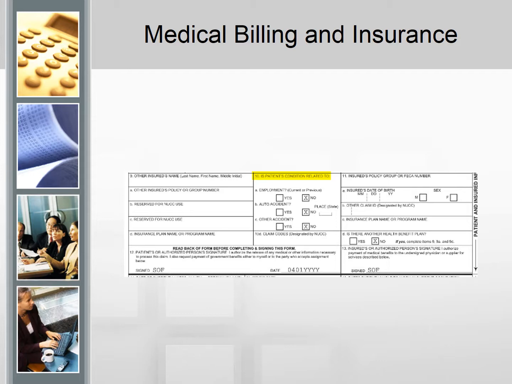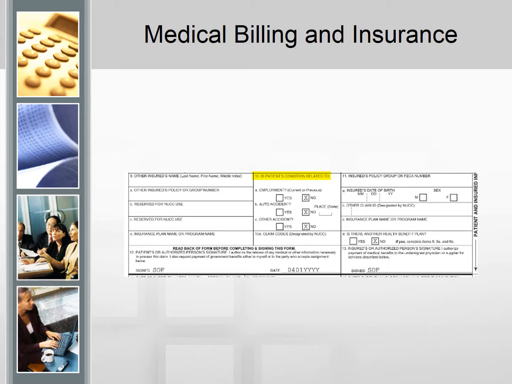It says, if yes, complete items 9, 9A, and 9D. And then that refers us back to block 9, and that is where we would enter the patient's secondary insurance information. So the insured's name in the same order, last name, first name, middle initial, their policy and group number, and then their insurance plan or program name on line D.